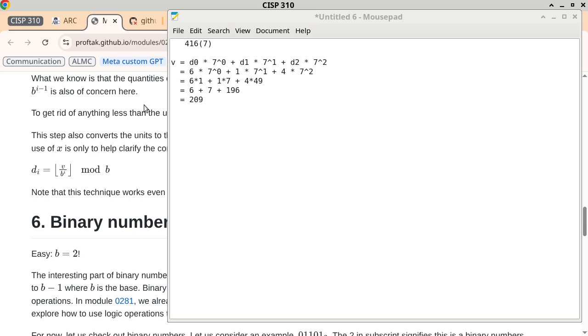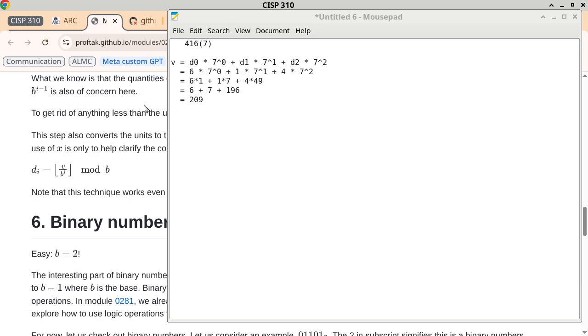There are 2 over here, 69. 69 divided by 7 is going to be a 9, with a remainder of, so 9 times 7 is 63, so it has a remainder of 6. Is that okay? So what does it mean? It means d of 0 is 6. Is that okay? All right.